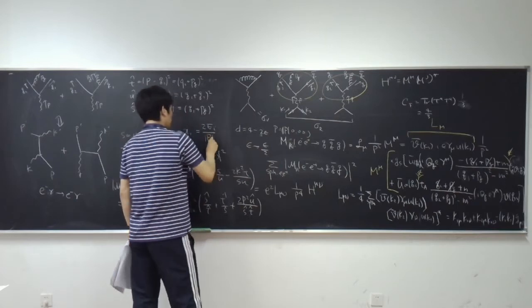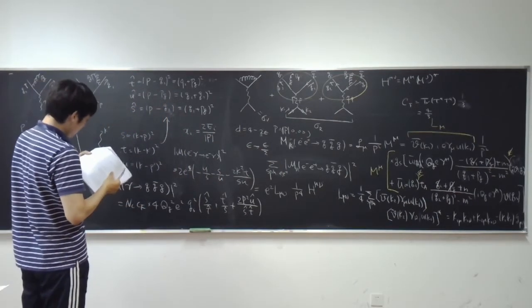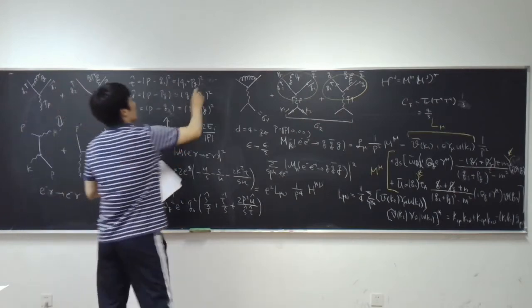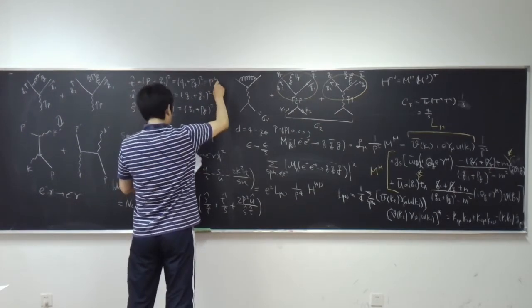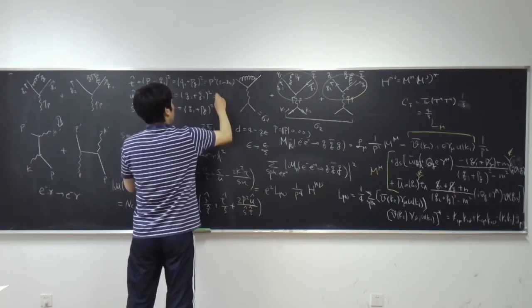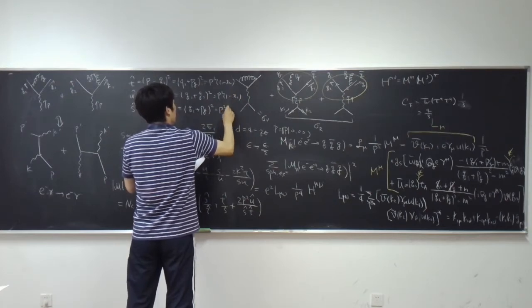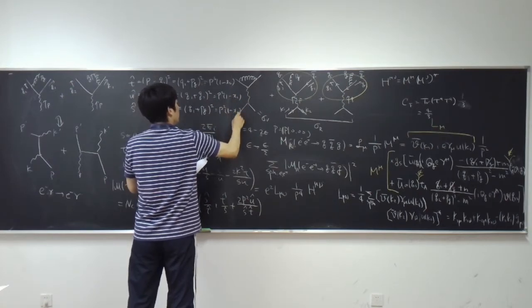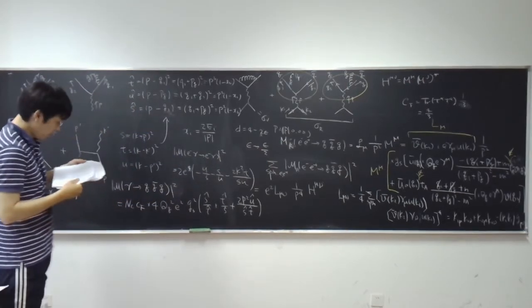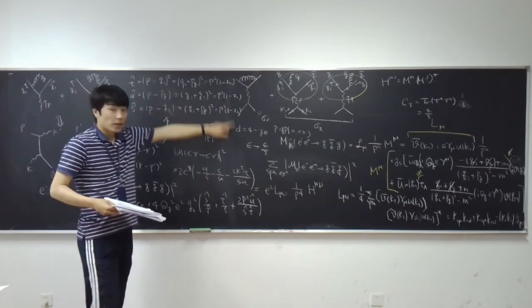Then S hat T hat becomes P square (1 minus x2), and P square (1 minus x1), and P square (1 minus x3) becomes x3, and we rewrite everything in terms of x1, x2, x3.